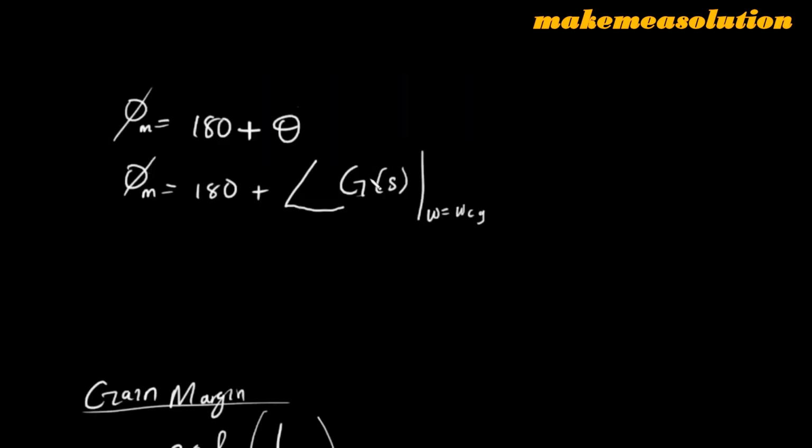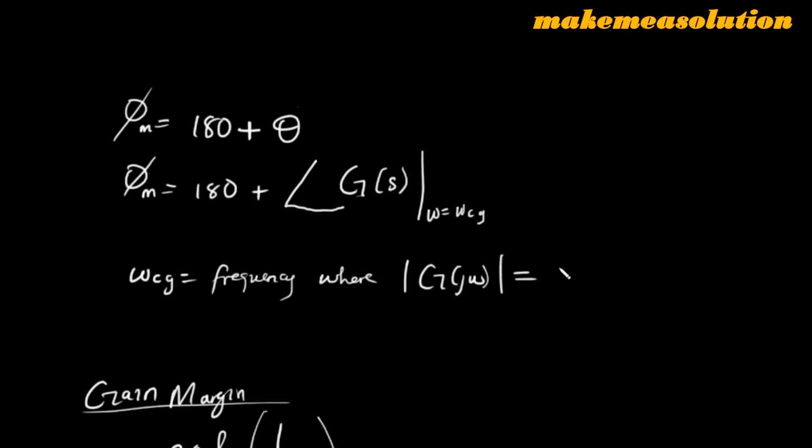There's another one that I defined for us. I defined the gain crossover frequency, WCG, as the frequency where the magnitude of G of j omega, since s is equal to j omega, is unity.